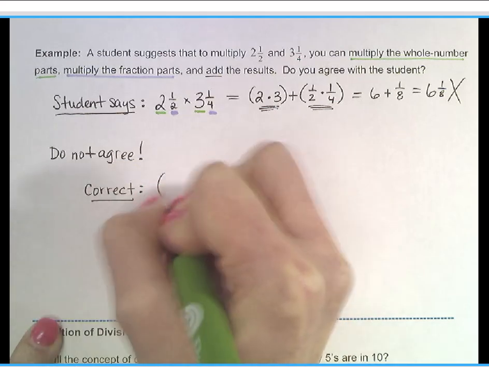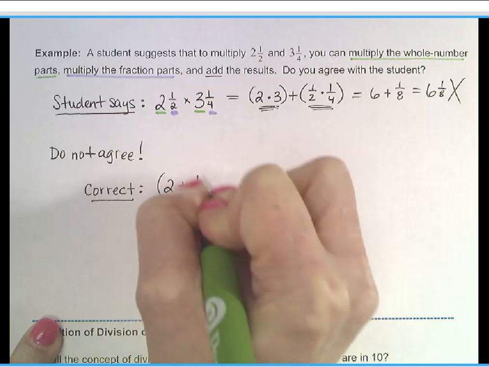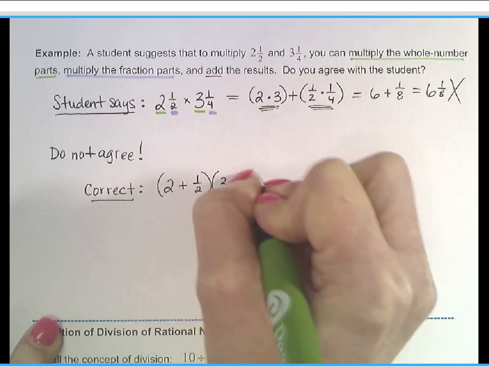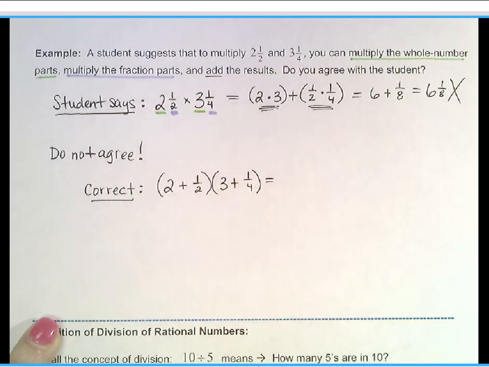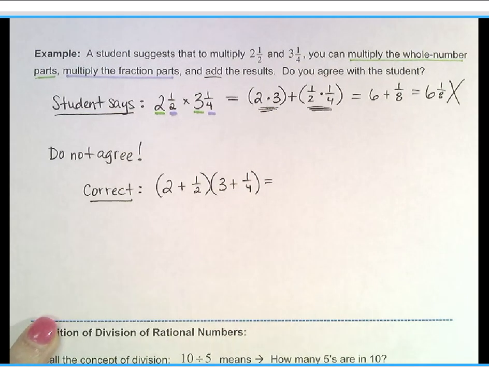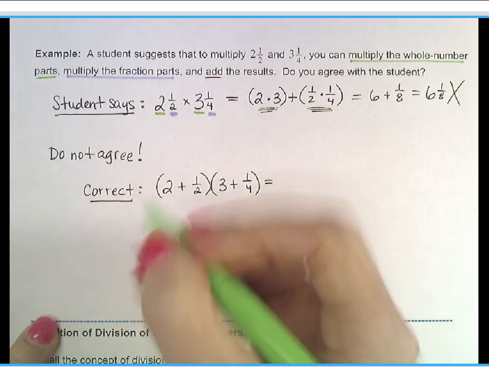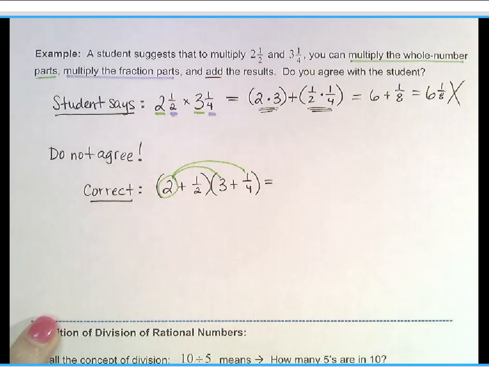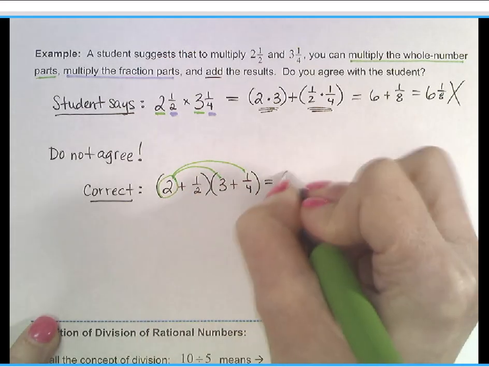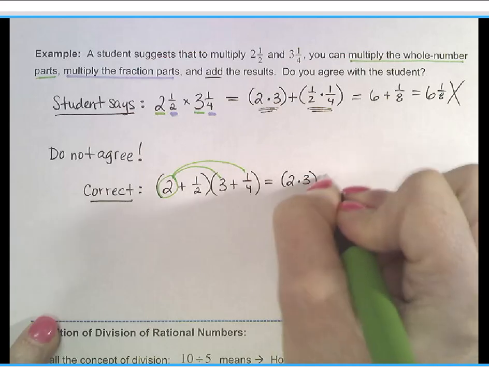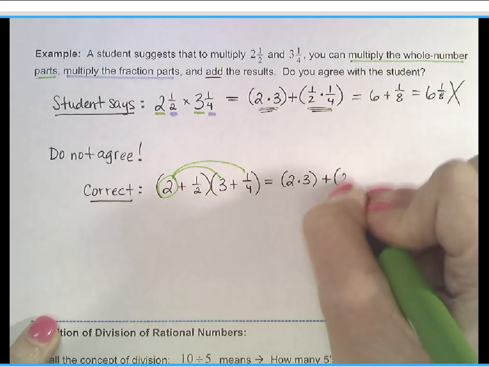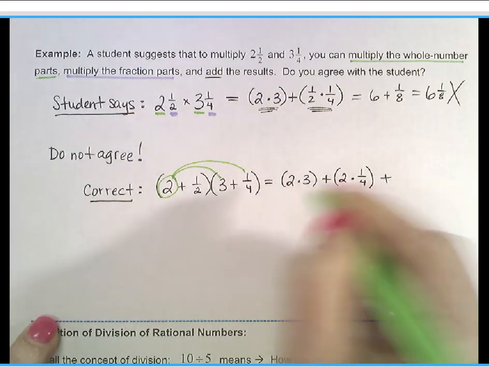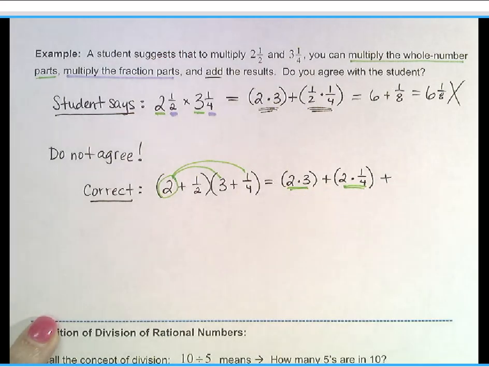You would take 2 plus 1/2 and you would multiply by 3 plus 1/4. So let's do it again here, right? We're going to get the distributive property in here. Going to distribute like that. So we've got 2 times 3, 2 times 1/4. Right, that's the green parts. Let me just underline them so we can keep it all straight.